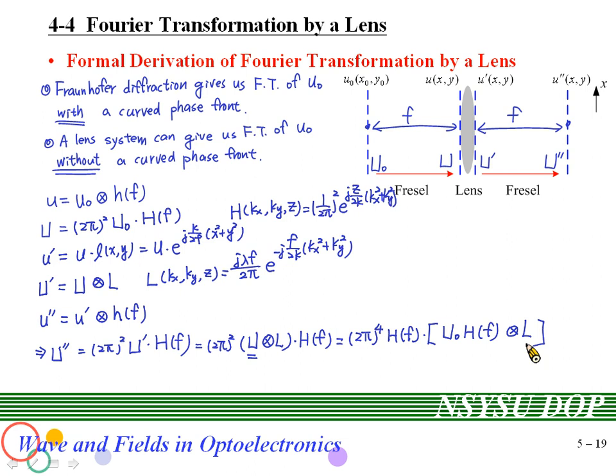Okay, and finally we obtain this result shown here. The Fourier transform of u double prime, which is capital U double prime, can be obtained by this equation.